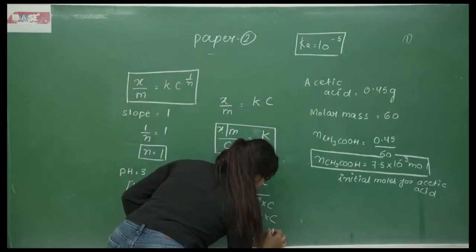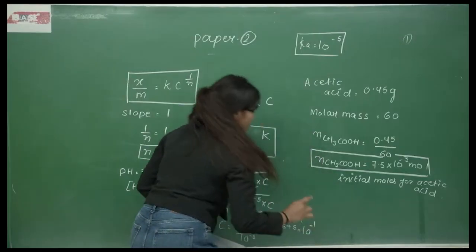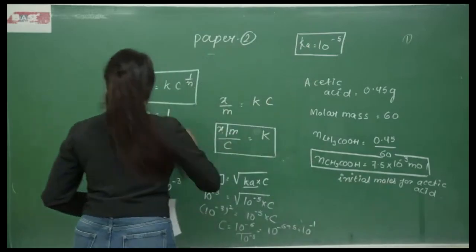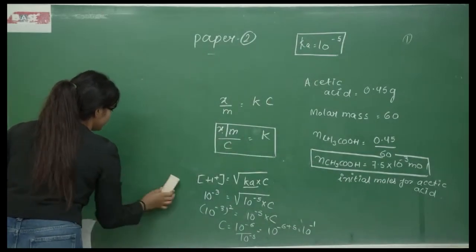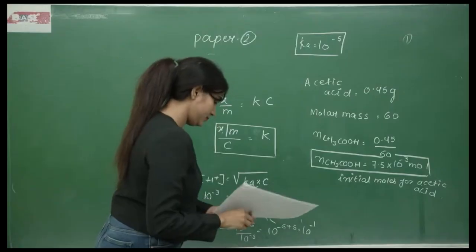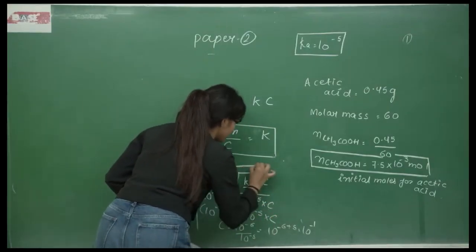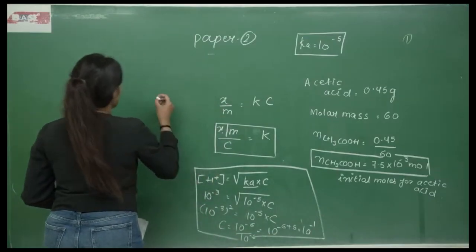C is equal to 10 raised to the power minus 1, so 0.1 molar. Now we have the concentration. This is the concentration when Ka is 10 raised to the power minus 5.